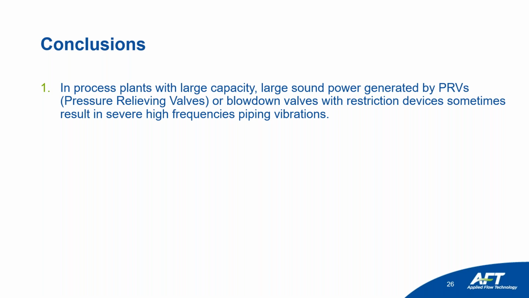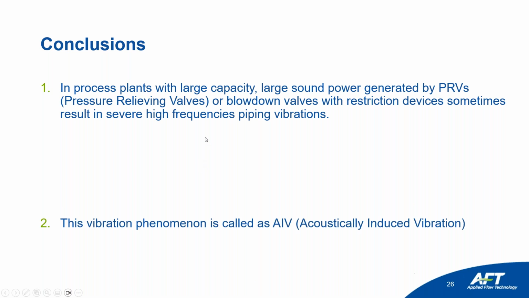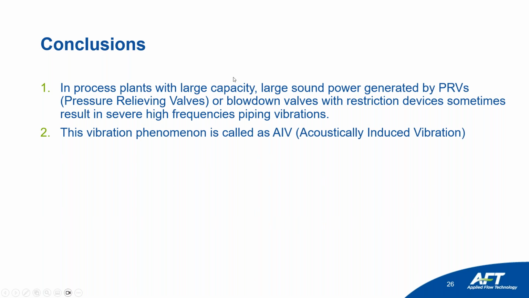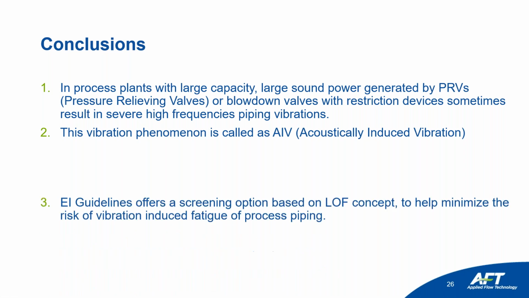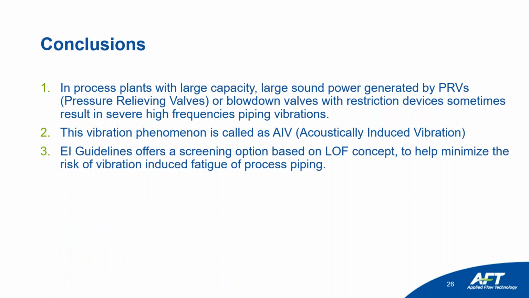So, conclusion. In process plants with large capacity, large sound power generated by pressure relief valves or blowdown valves with restriction devices sometimes results in severe high-frequency piping vibrations. This vibration phenomenon is called AIV, acoustic induced vibration. Energy Institute guidelines offer a screening option based on the LOF concept, likelihood of failure, to help minimize the risk of vibration induced fatigue in the process piping.